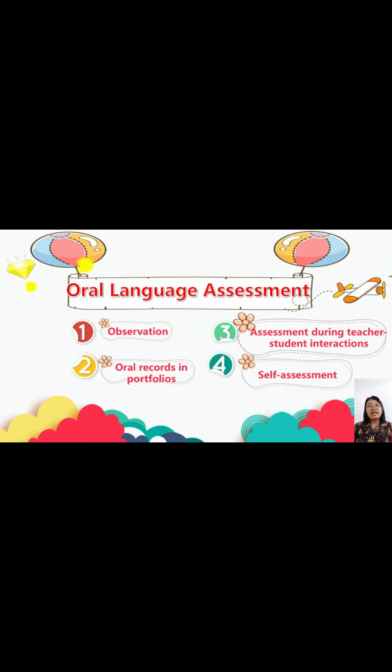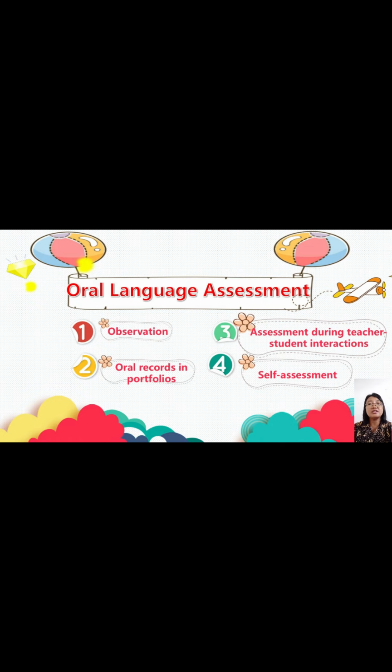Oral records in a portfolio can be collected by the teacher as a means of closer analysis of performance and a record of progress. This is a recording of the children speaking in different texts, for example, an interview with the teacher, describing something, giving instructions, or telling a narrative or story.